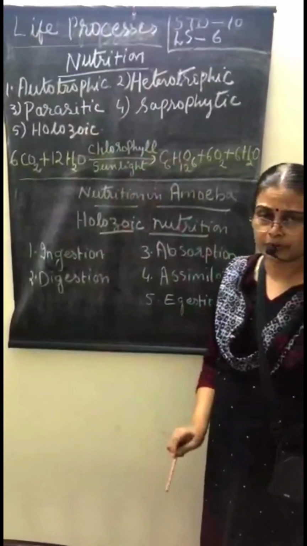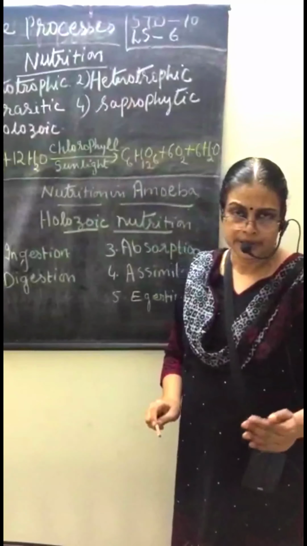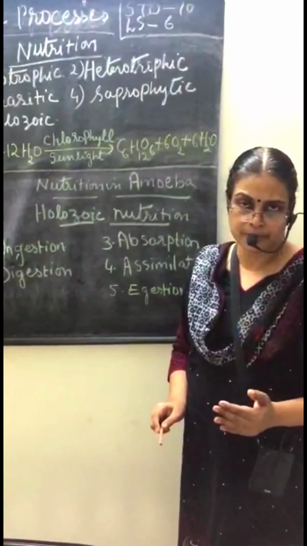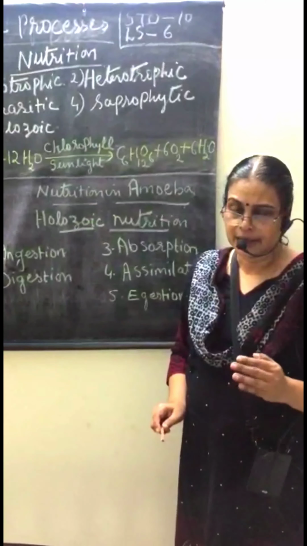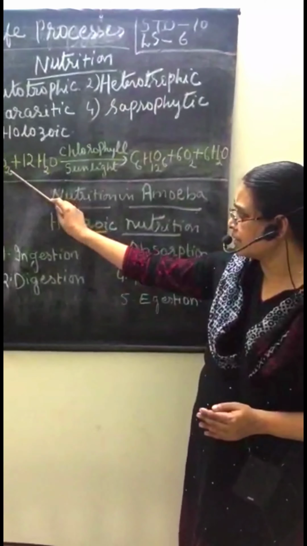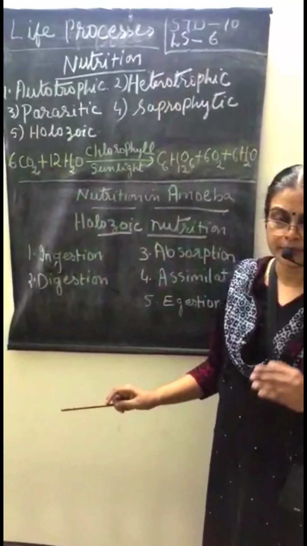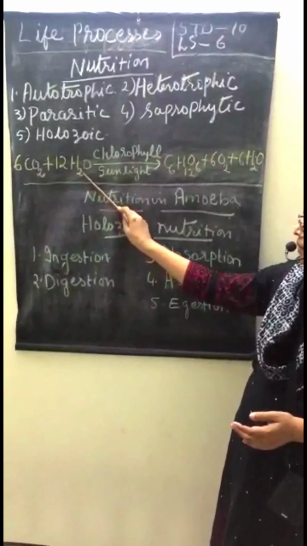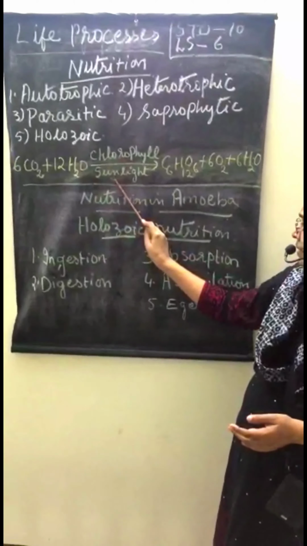First, autotrophic nutrition. Auto means self, that is green plants prepare their own food by themselves with the help of carbon dioxide. The materials utilized for the preparation of food are carbon dioxide and water, in the presence of chlorophyll and sunlight.